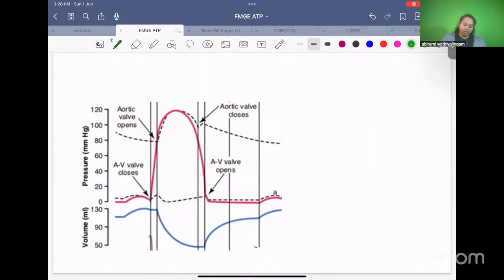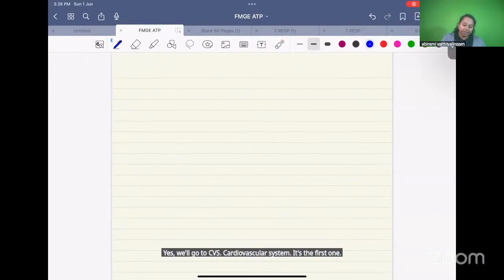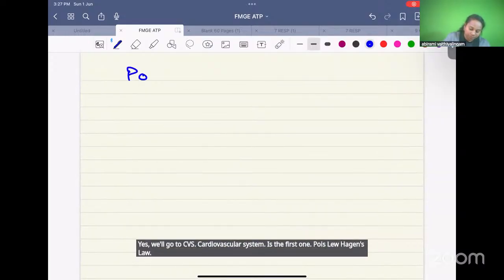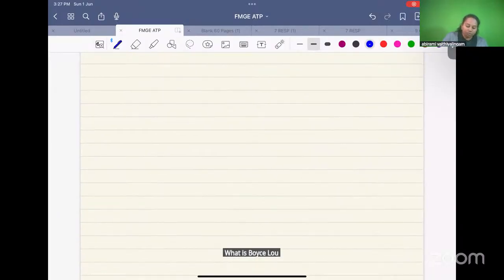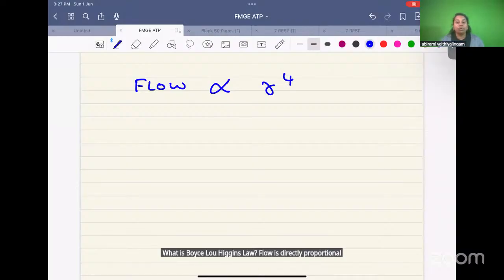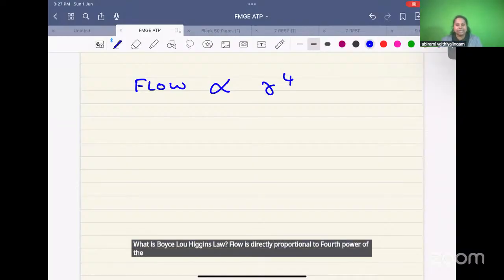The first one, Poiseuille-Huygens law. What is Poiseuille-Huygens law? Flow is directly proportional to the fourth power of the radius. This is only a part of it.